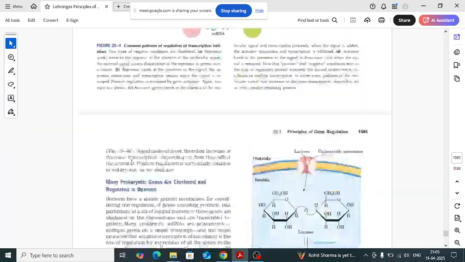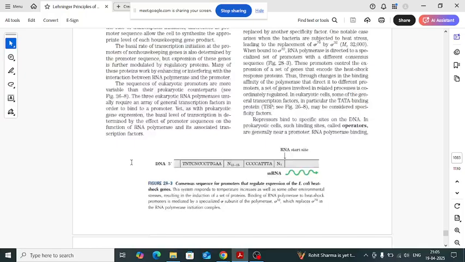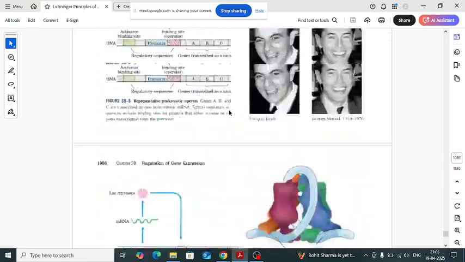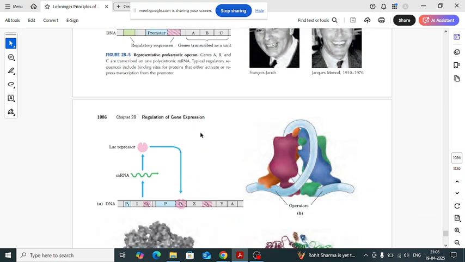That we saw here: the repressor binds to the operator which lies in the promoter, and the activator binds upstream of the promoter, which is distant. So this is a construct of any operon: first the activator binding site, then the promoter, operator, and then the cluster of genes.